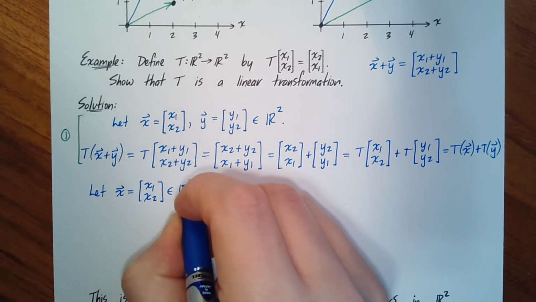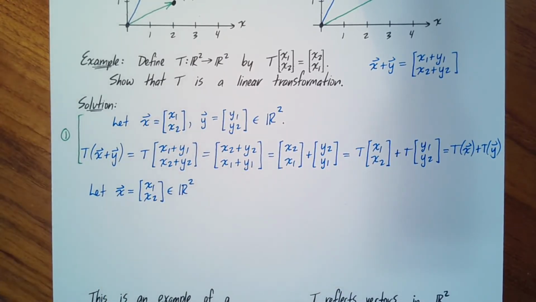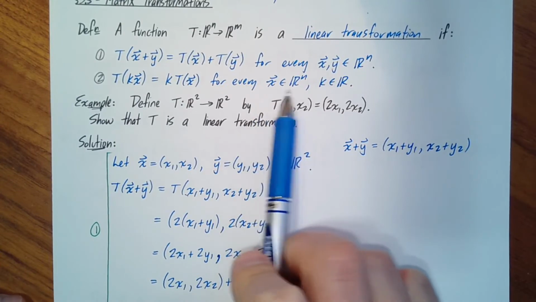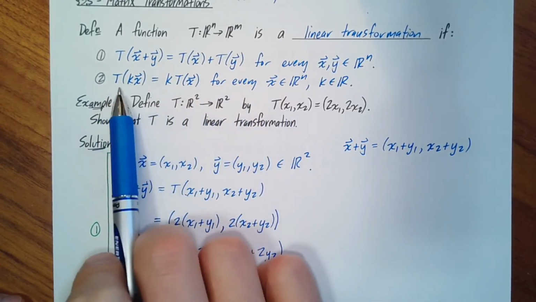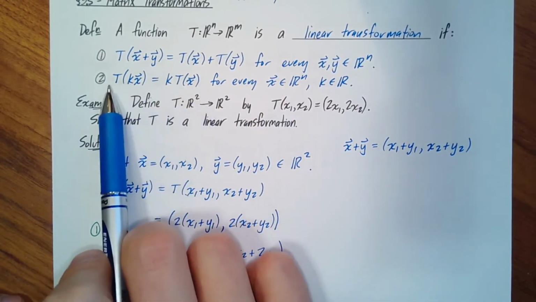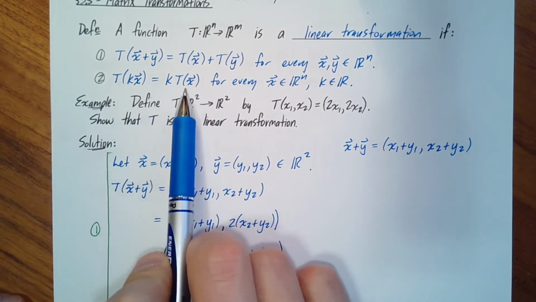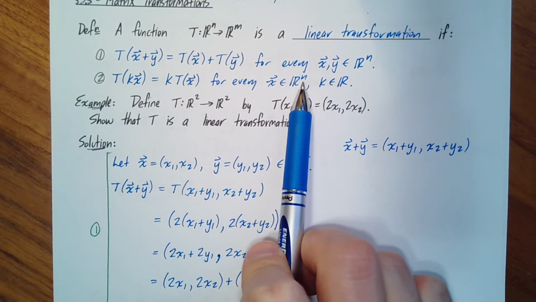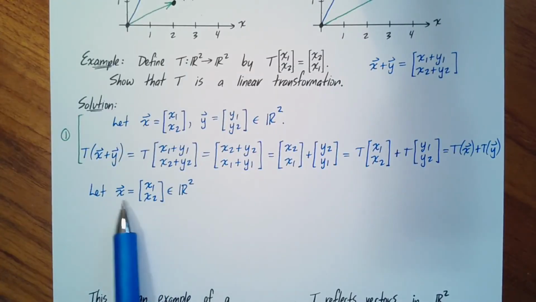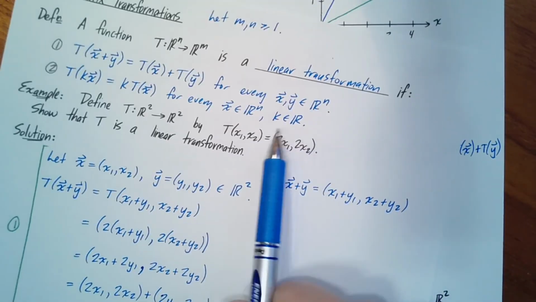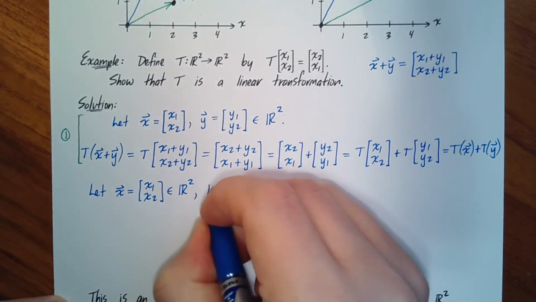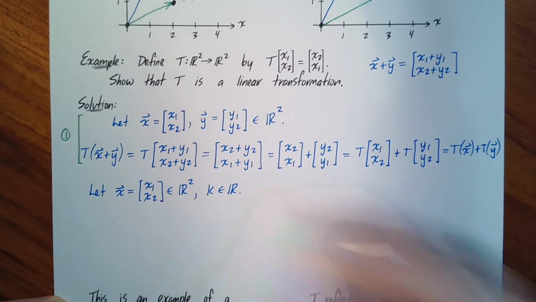But I'm not going to pick a vector y this time, because for the second statement, all that is mentioned is that this equation has to hold for all vectors x in Rn and for all scalars k. And in our case, n is equal to 2. So we've already got our vector x in R2, but we need to now choose an arbitrary scalar k. So that's why we're going to say, and let k be an arbitrary scalar.